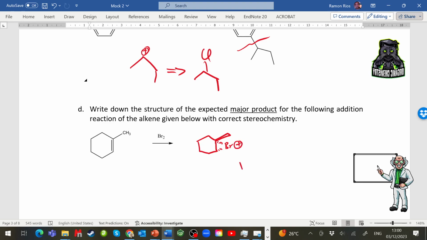Okay, and then the bromide is attacking the bromonium ion, making the opening of the three-member ring to generate the trans dibromide compound. Here you can see this will be the final compound. Okay, always we will get the trans product.